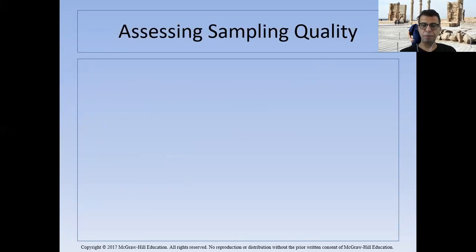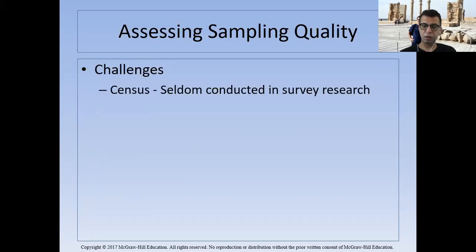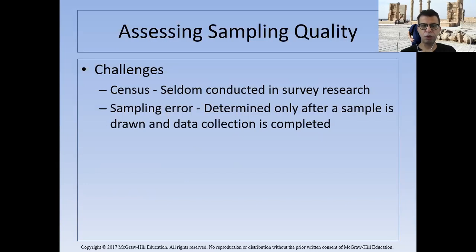Now, assessing sample quality is very challenging. Usually, if you want to get a perfect answer, you can do a census, and a census means you ask everyone in the population, which is very difficult, very expensive, and very time consuming. So what do you do?